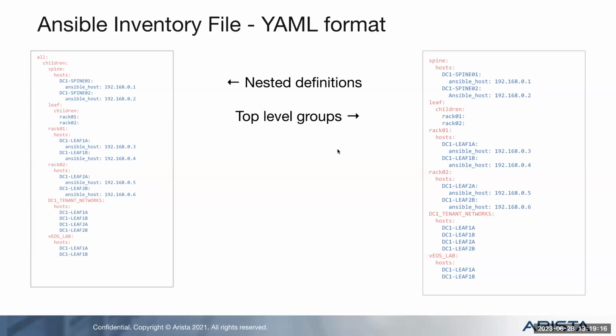Nathan, sorry, quick question. So the difference between the left example and right hand side example is that on the right hand side we don't specify the default all group. Is that the only difference? Yeah, on the right, I'm not specifying the all group. You'll also notice that in most scenarios, I'm not using children.